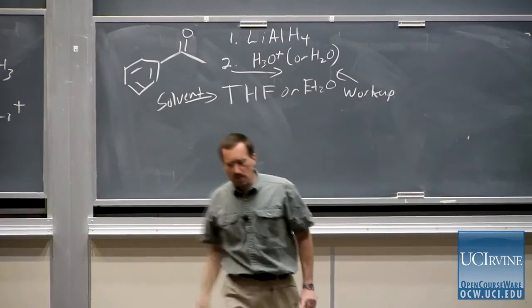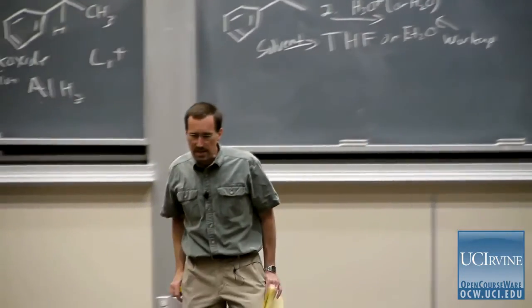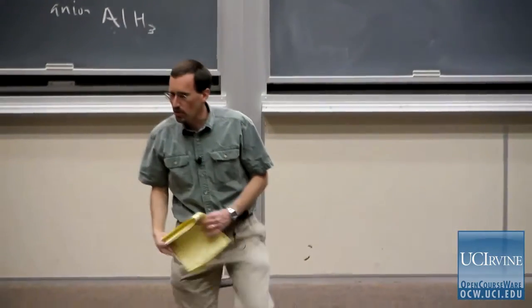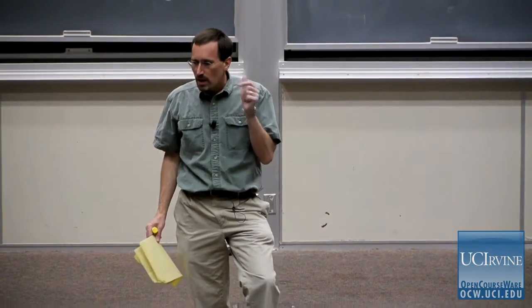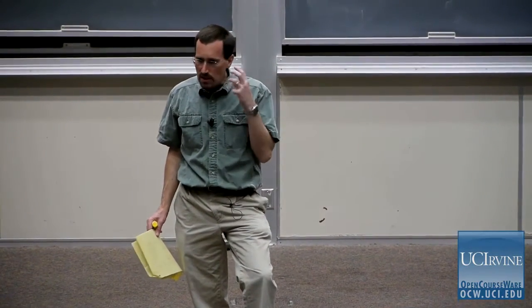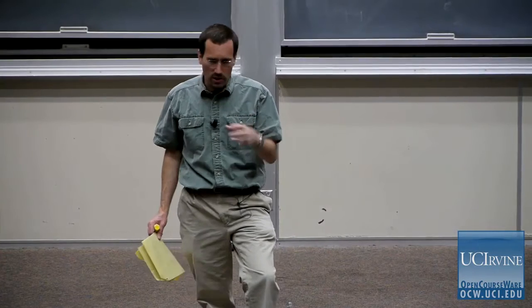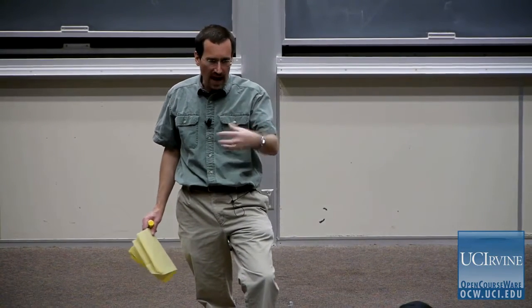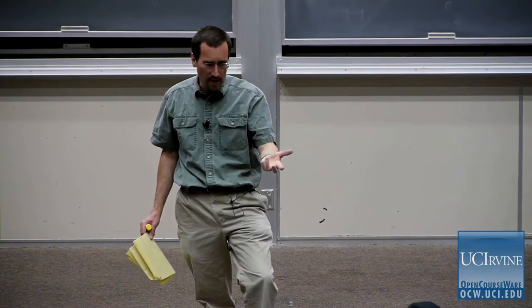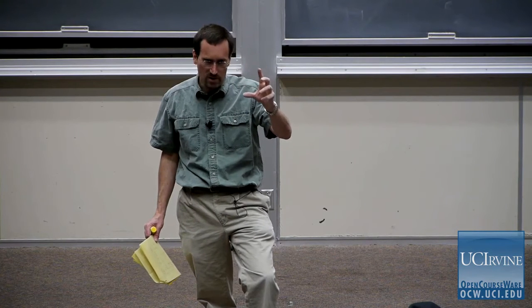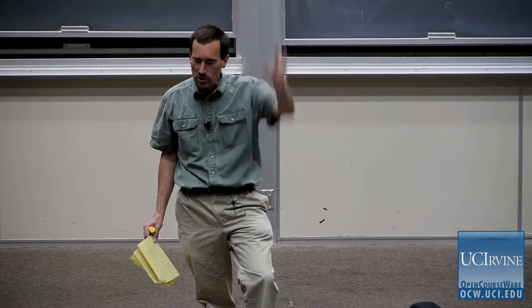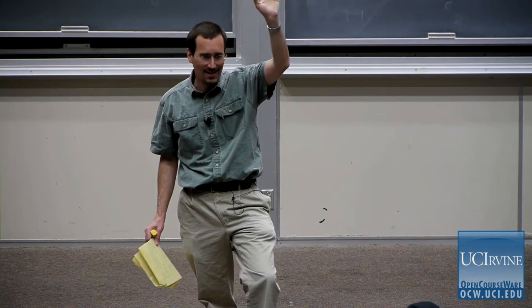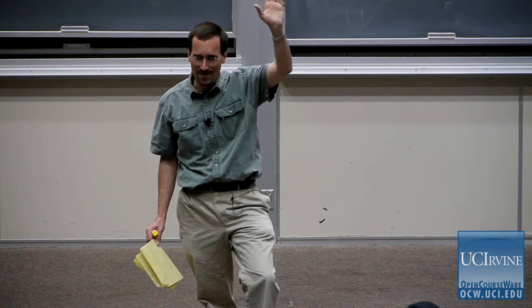And honestly, this particular one you could do with either aqueous acid or with water. Aluminum salts in water under the wrong condition can form tremendous gelatinous things. You've all had lab, you've all shaken a sep funnel. You may have even encountered an emulsion. Who's encountered an emulsion? I hate emulsions, don't you?